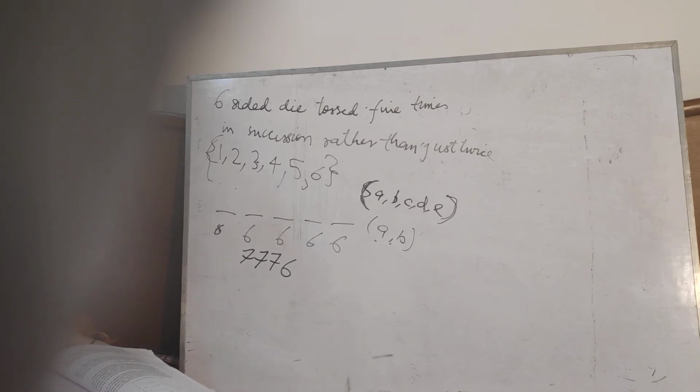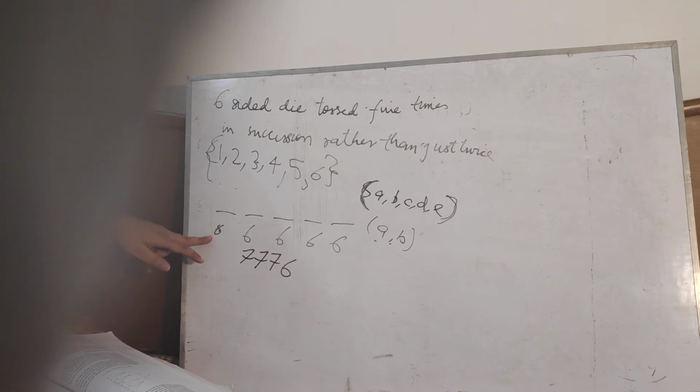Suppose a set consists of ordered collections of k elements, k tuples, and that there are n1 possible choices for the first element. For each choice of the first element, there are n2 possible choices of the second element. So for the first element, say we have these 6 choices.